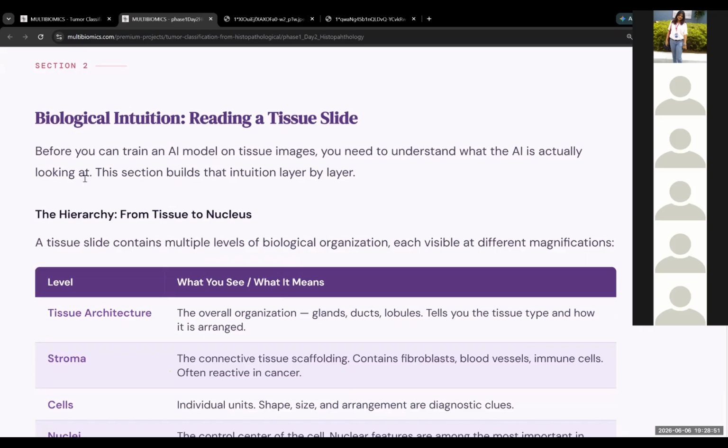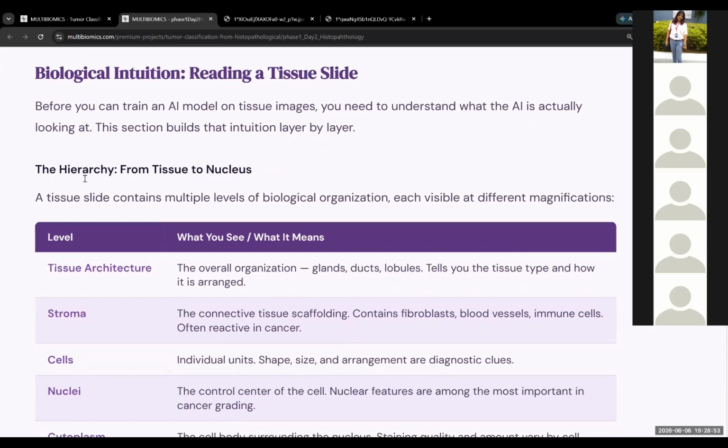So reading a tissue slide, how to read that. Now you have got some tissue slide, how will you understand what's there in that. Only then will we code for the AI to understand those things. So before you can train an AI model, you need to understand what the AI is actually looking at.